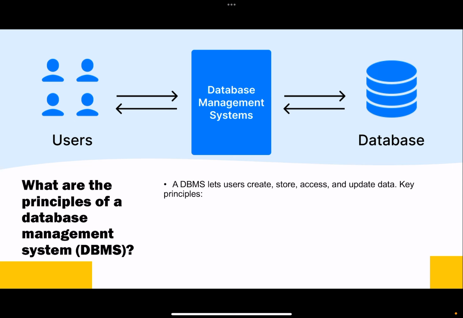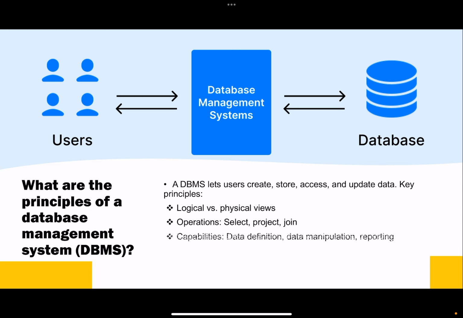Key principles: logical and physical views, and operations like select, project, join, and capabilities like data definition, data manipulation, and reporting. Fourth, it supports both relational and non-relational models.